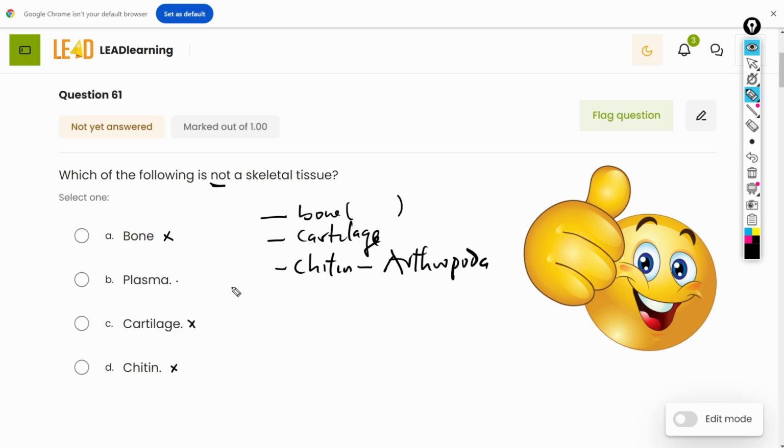The plasma is the liquid part of the blood, which consists primarily of water, and then dissolved nutrients, hormones, enzymes, and antibodies are all found in the plasma. So our correct answer is option B. The plasma is not a skeletal tissue. It's a component of the blood.